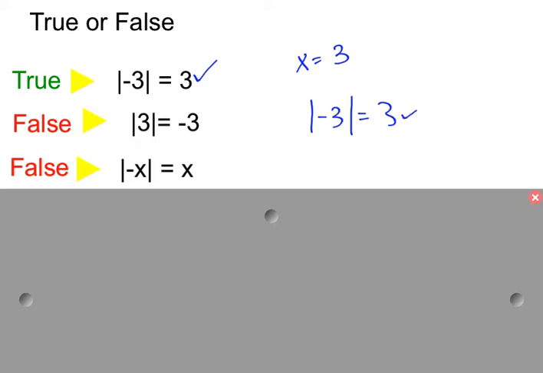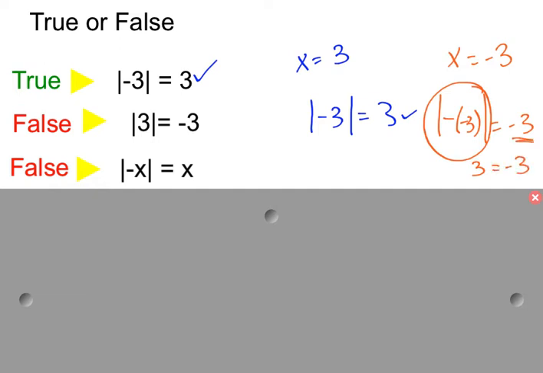That's fine. But if I said that x was negative 3, which is an okay number for x to be, I would do the absolute value of the opposite of negative 3 equals negative 3. Now there's a lot going on in the absolute value here, but it's just forcing it to be positive because it's just the distance. So this would say that 3 equals negative 3, which is not true.